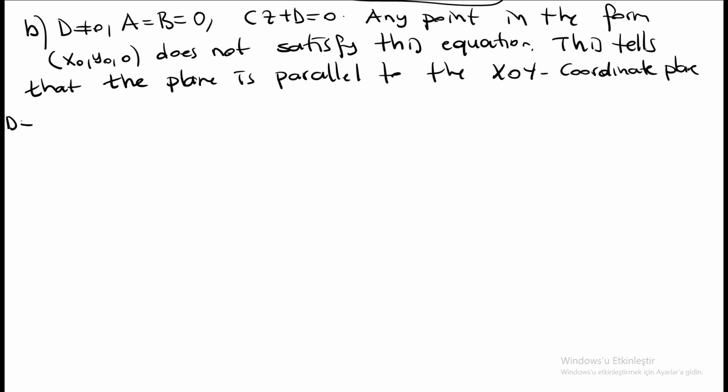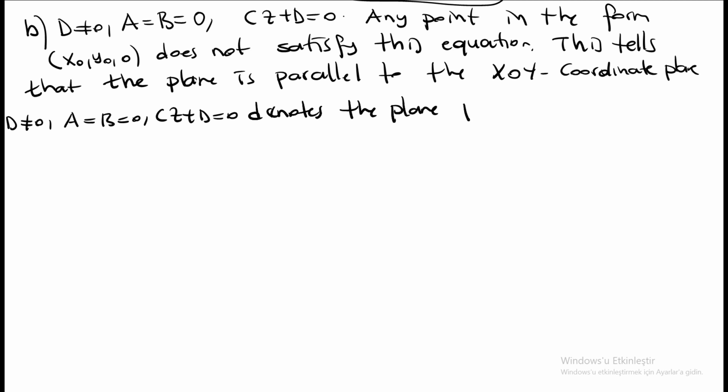D is not 0. A and B are 0. So you have this equation. So this one denotes the plane parallel to the x-y coordinate plane.